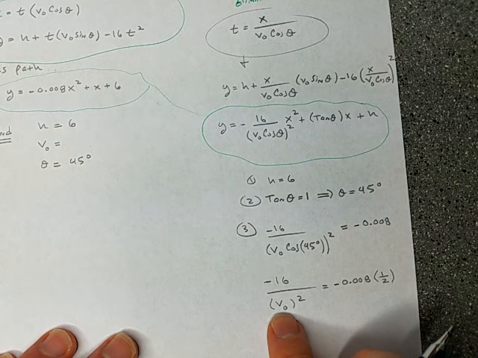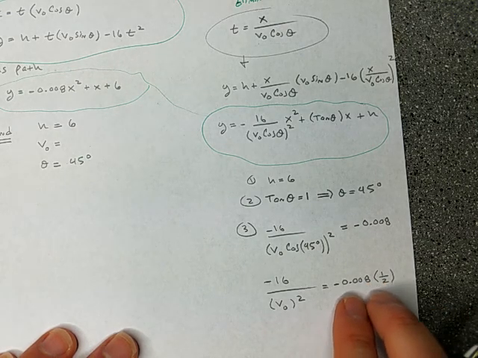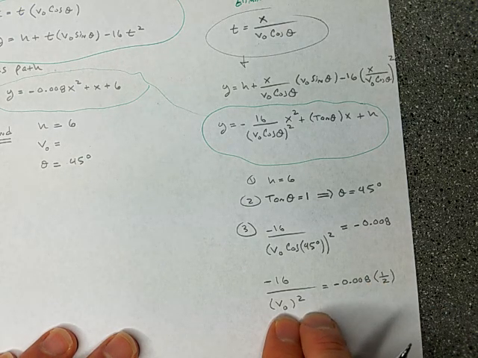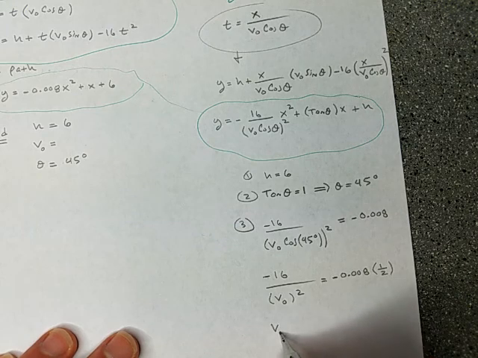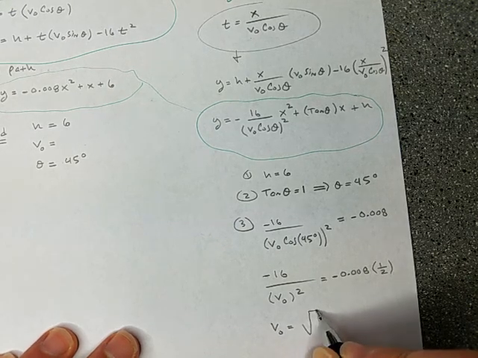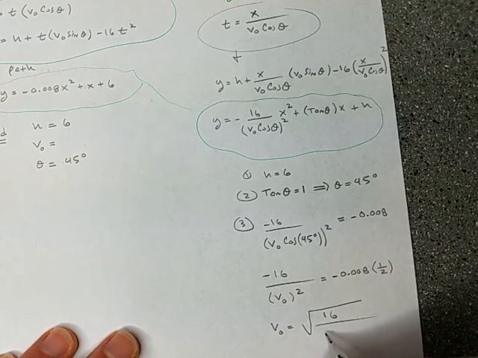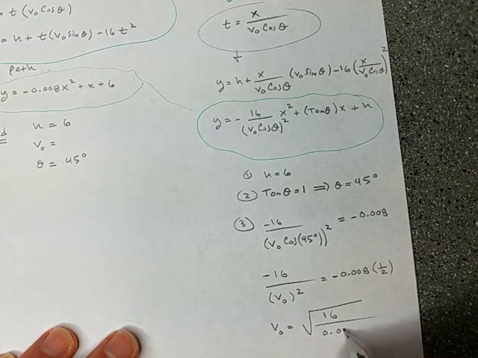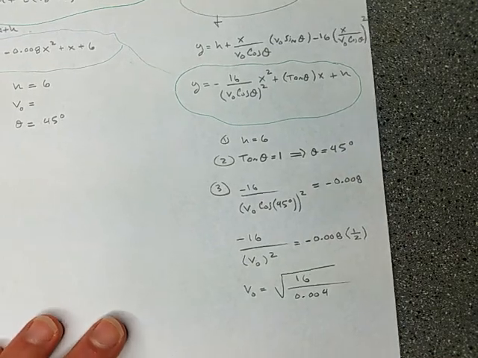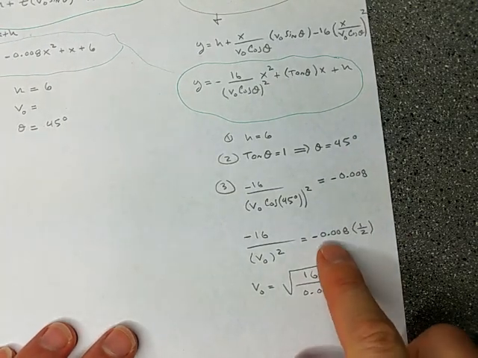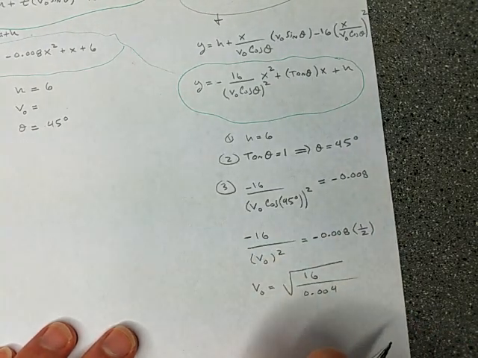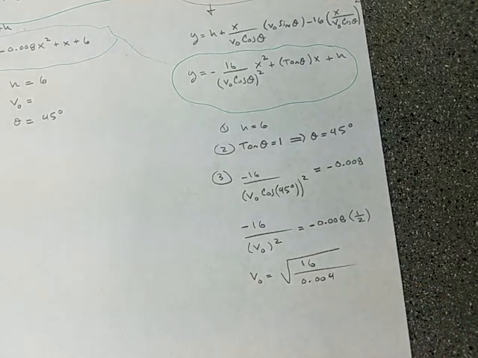And then I'll multiply, divide, and then take the square root. So I'll get v naught is equal to root 16 over 0.004. All right. We're doing a little math on that, and dividing, and taking the square root. All right, let's see what that number is.